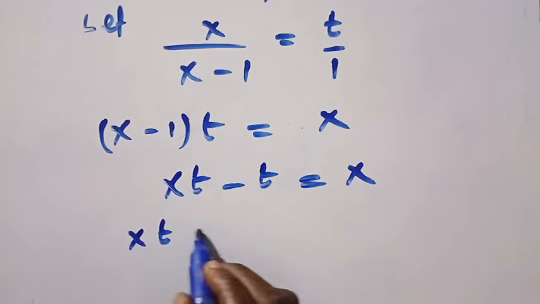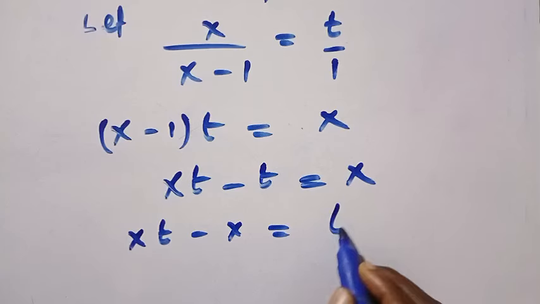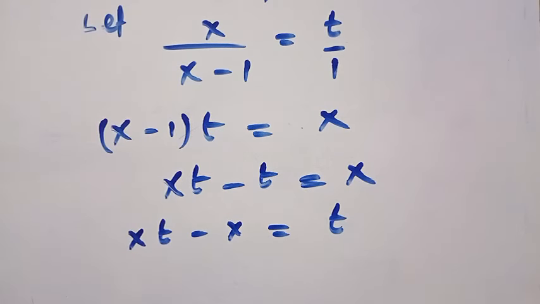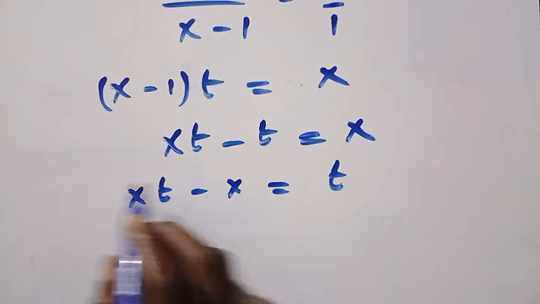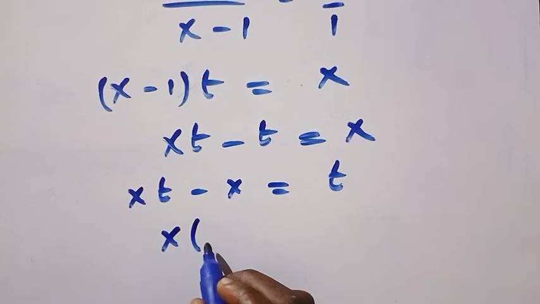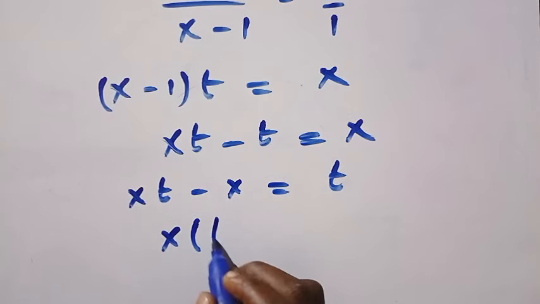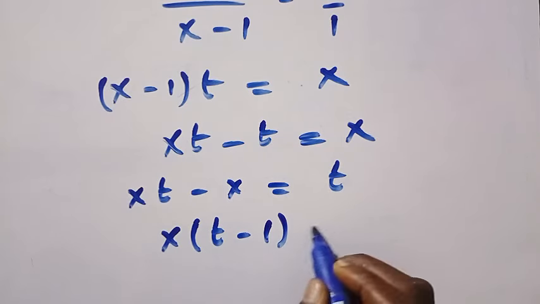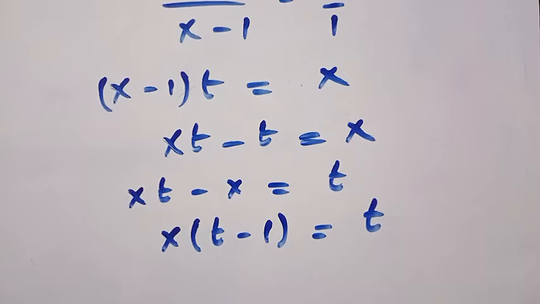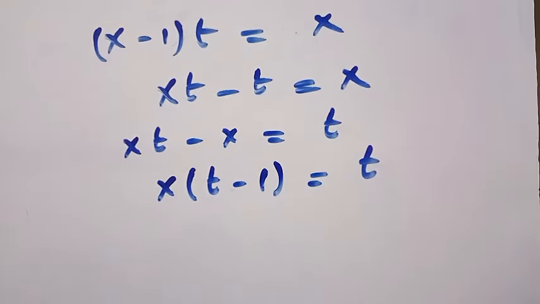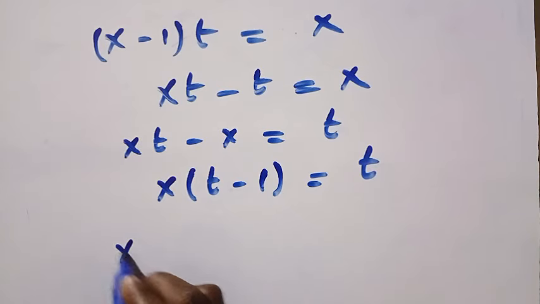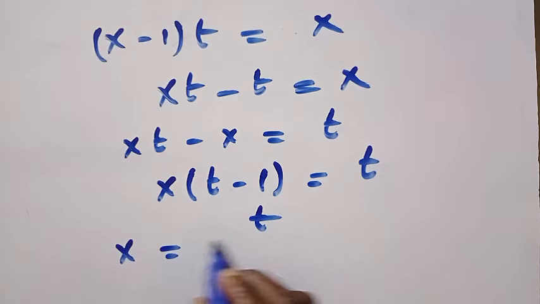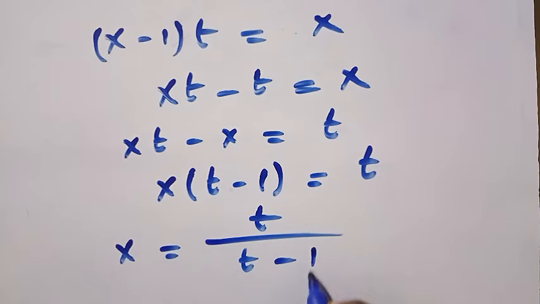Here we have xt minus x equals t. By factoring out x, we have x times t minus 1 equals t. And we divide both sides by t minus 1, and we get x equals t divided by t minus 1.